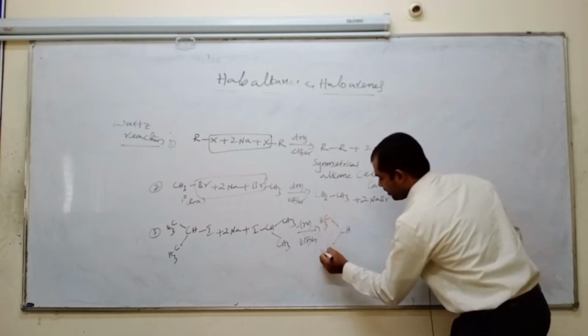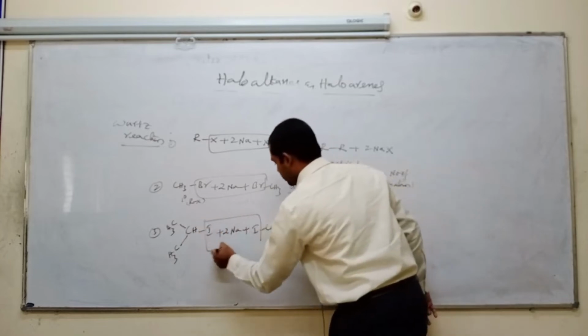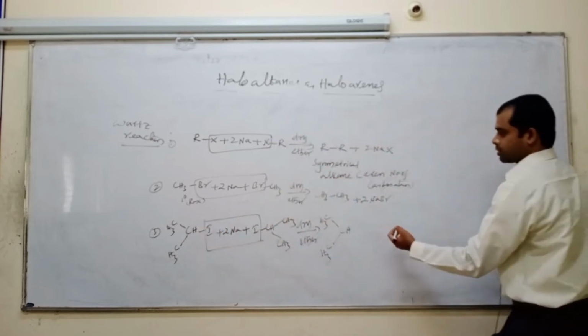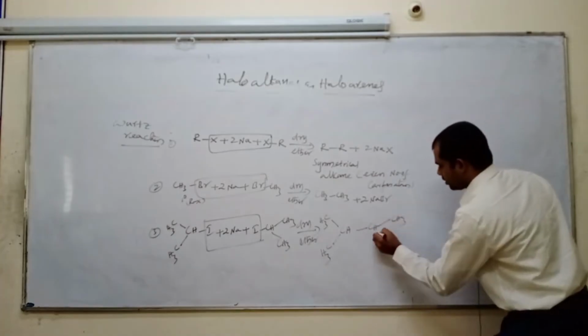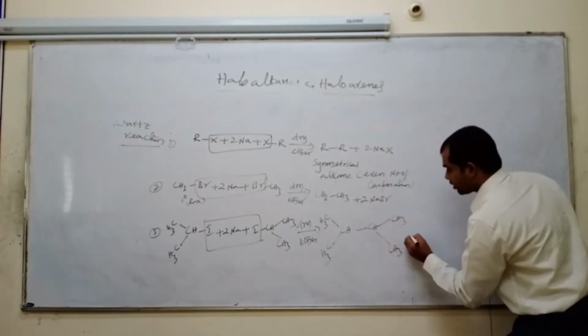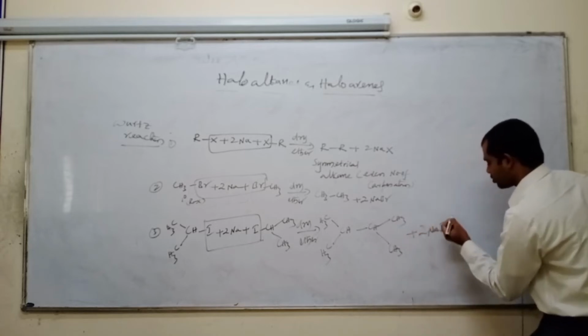Sodium iodide will come outside, and the remaining compound joins together as CH3, CH3, plus 2 sodium iodide obtained.